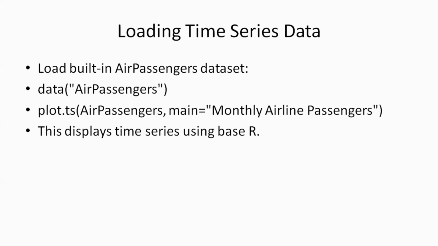Now let's discuss one data set that can be used for time series analysis, and that is an inbuilt data set. Actually, we can use two different types of data set for analysis: either primary data or secondary data. Okay. So what is primary data?